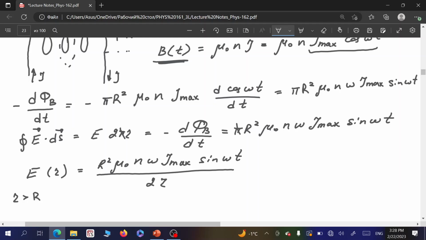So that results in time-dependent induced electric field. But as we go further from the solenoid, the magnitude of induced electric field is proportional to 1 over r, assuming that r is larger than the radius of the cross section of the solenoid.